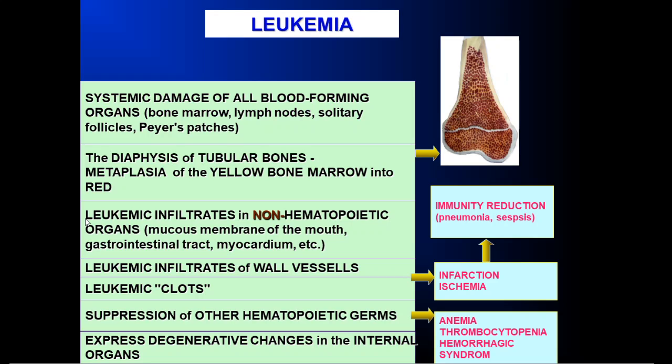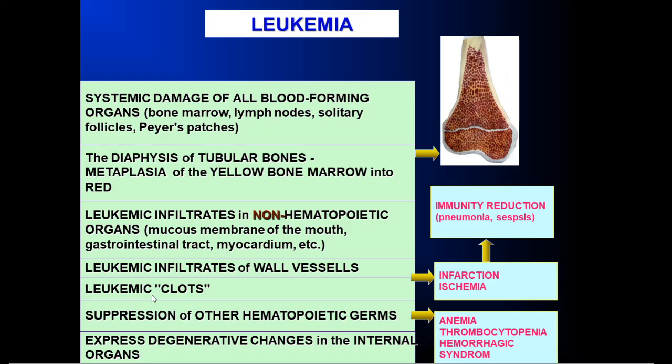So the main reason of all problems, especially in your MCQ, of all problems due to leukemia is leukemic infiltrate, or actually leukemic infiltrates, because there are a lot of. So we have leukemic infiltrates in the wall of the vessel as well.